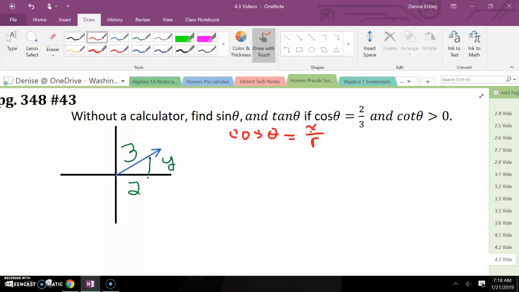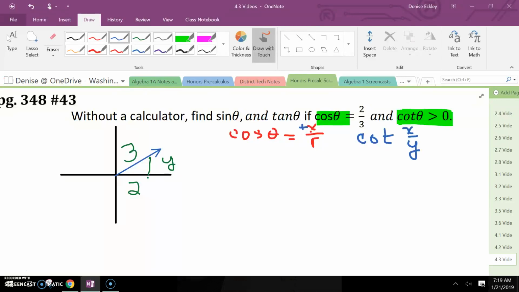The other piece, which is just as important, is the fact that cotangent is positive. So we know that both of these values are positive. Cosine is positive and cotangent. So looking at the relationship of cotangent then, which is x over y, what we get from the first relationship is that x has to be positive.